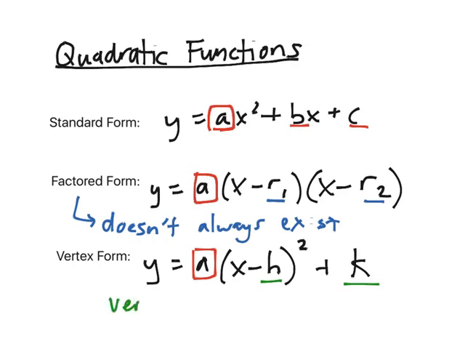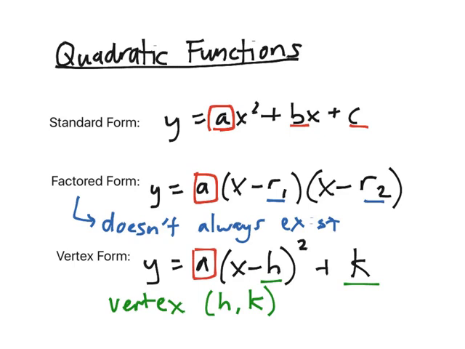The vertex, which is that maximum or minimum point of your function, is at (h, k). You should know this from your transformation rules. When you alter the x variable, if you subtract 2 from x, that'll shift it 2 to the right. Your k variable will shift your parabola up or down. So, if you have vertex form, you can find that minimum or maximum point at (h, k).